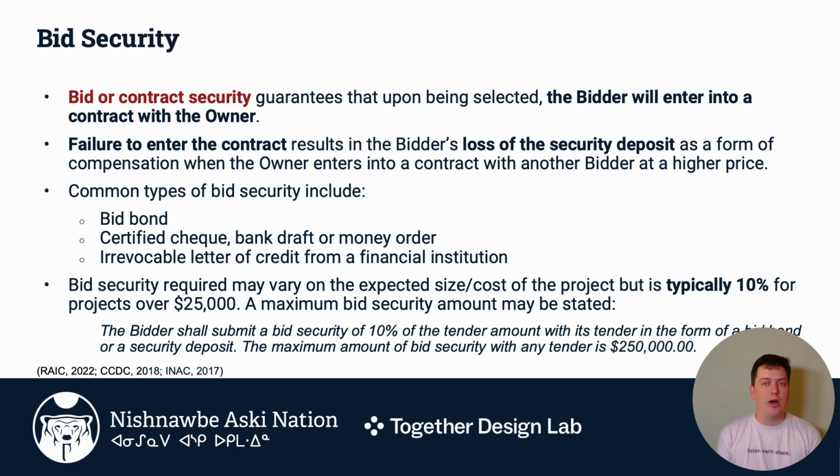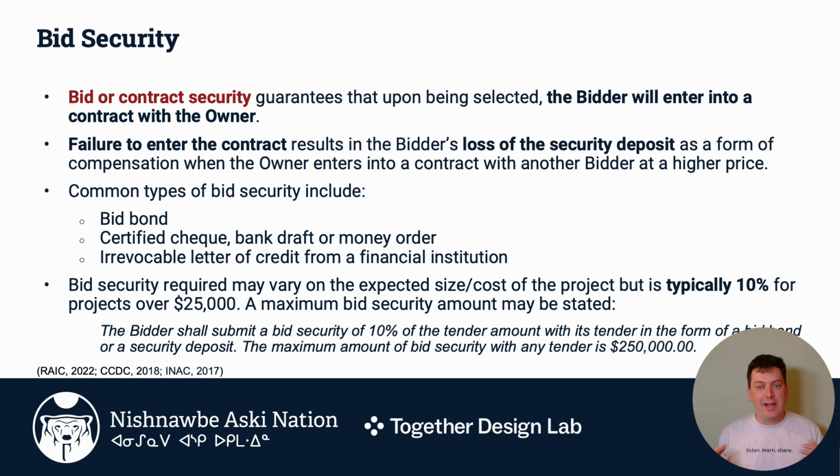Bid security is often required as a way of reducing risk for you, the project owner, and it's submitted by the bidder along with their application. And what it ensures is that if a bidder is selected, it guarantees they will enter into the contract with you, the owner.